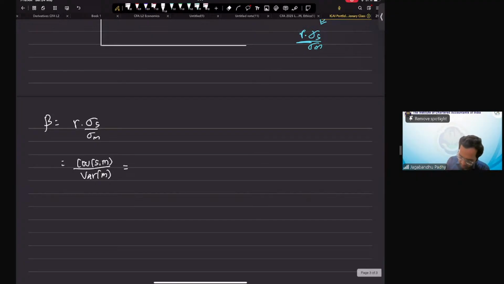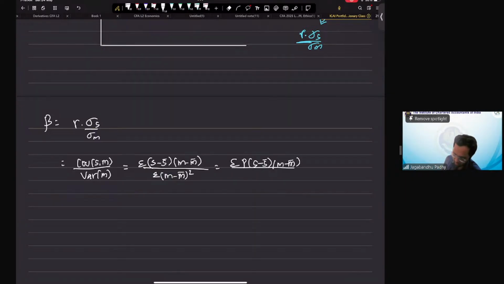If you just expand it further, this will be summation of x minus x bar into y minus y bar upon summation, or sorry, not x minus x bar. It will be security return minus average security return, into market return minus average market return, upon summation of market return minus average market return squared. And when we have data based on probability, then it will be summation of p into s minus s bar into m minus m bar, upon summation of p into m minus m bar squared. Okay, that's beta, right?